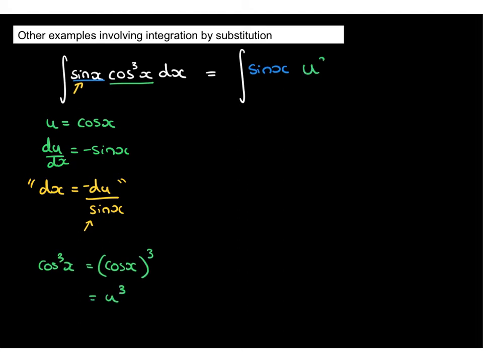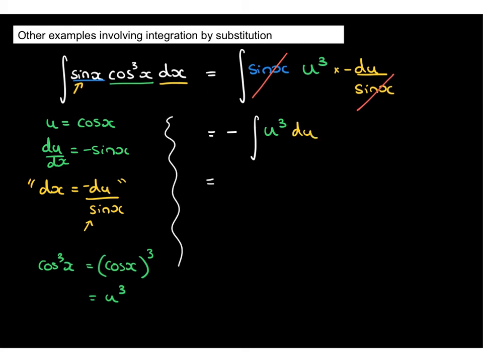So I get u cubed, and then in place of dx, I need to write negative du over sine x. Now, look at the neat cancellation. As we predicted, sine x is going to disappear, so we then pull out the negative sign for simplicity, and we have negative the integral of u cubed du, an indefinite integral, very easy integral now to do.